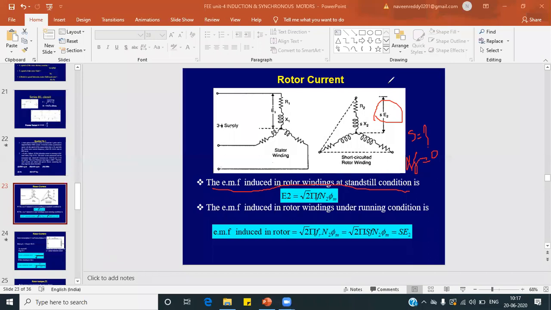At standstill, what is the value of slip? You just answer in the chat box, so we'll get some clarity, and I will discuss some points over here.